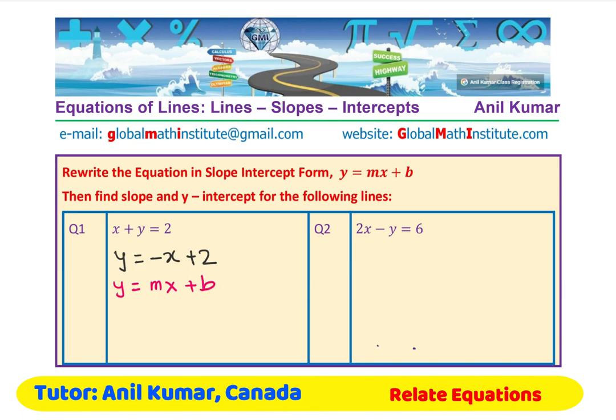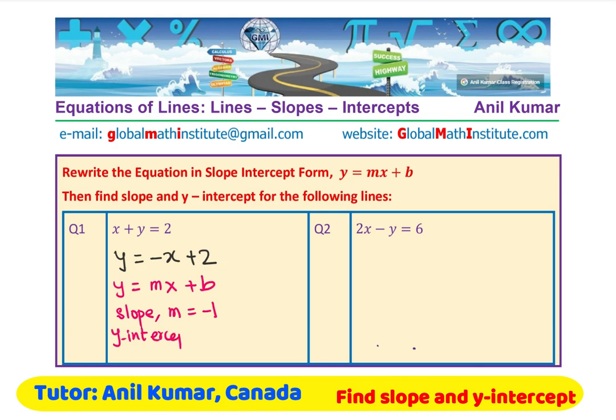And comparing, you can clearly say that the slope is minus 1, the coefficient of x, right? So we can say slope, which normally we write with m, is equal to minus 1, right? So there is no other number, just negative means minus 1. And y-intercept, which is basically written as b in the equation, will be 2, right?